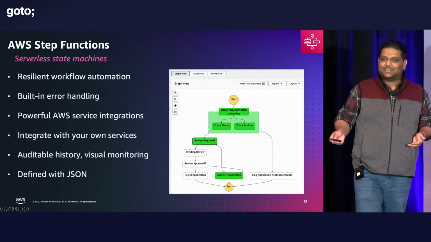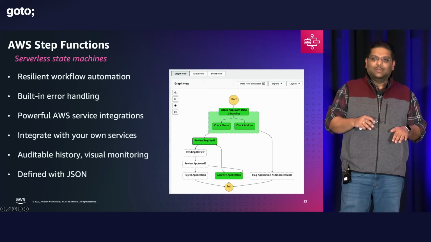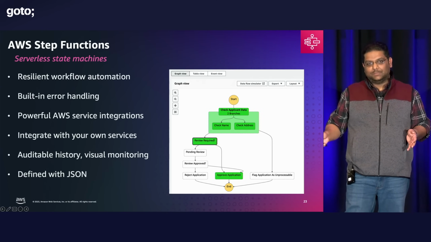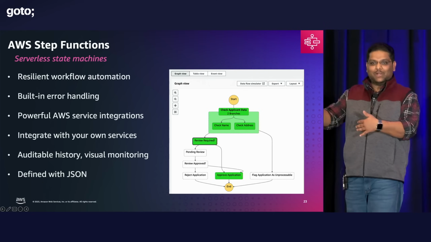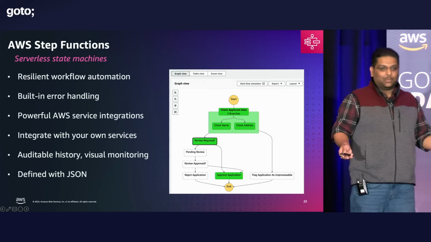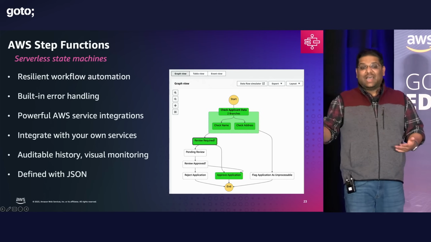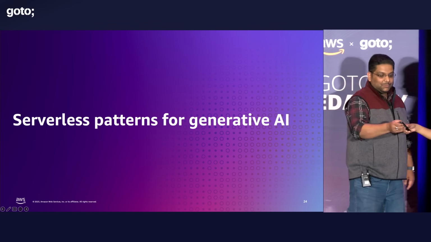That's called AWS SDK integration. And the cool part is you get an auditable history of all of your executions. The best part, on top of the cool part, is that all of this is written as a JSON or a YAML file. You don't have to learn a new language. So with that, I hand it over to Uma to dive deeper on some of the patterns.